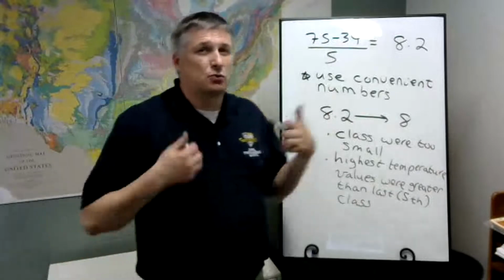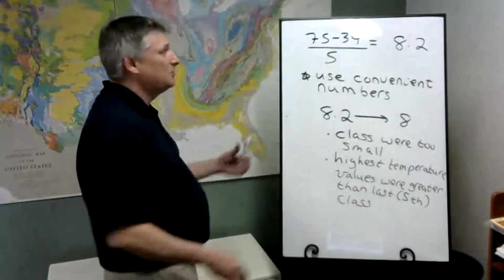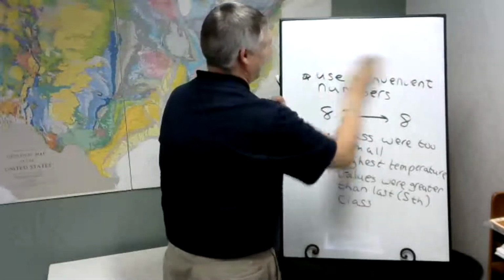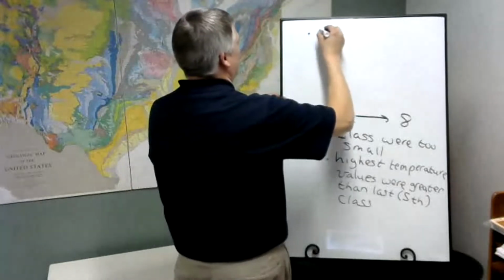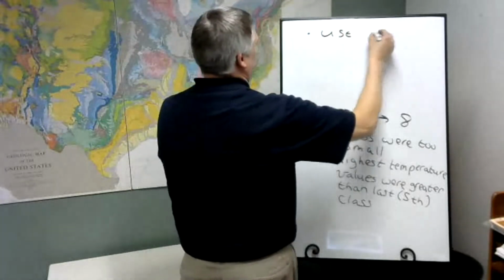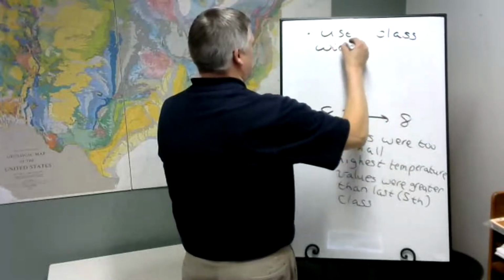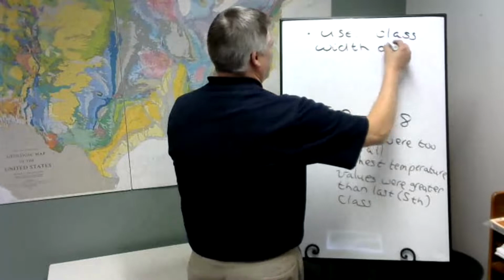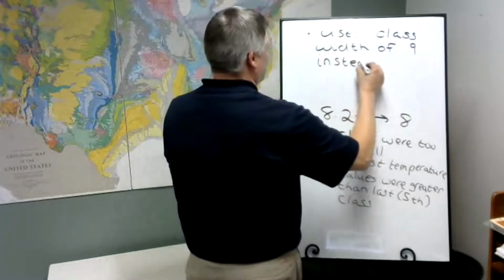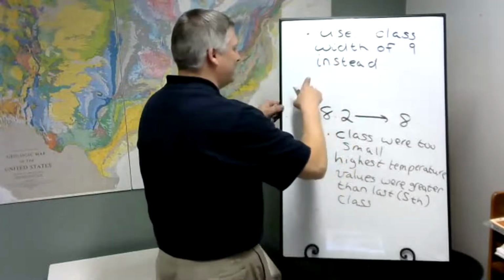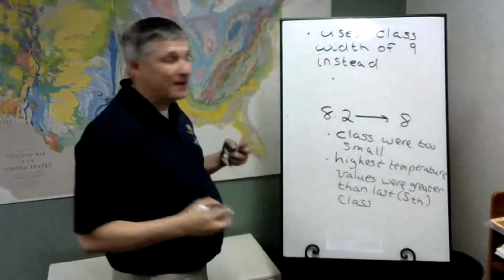Now the author recommends rounding up. So what I did is instead of using 8, I used 9 instead. And when I did this, all of the data fell into the 5 classes.